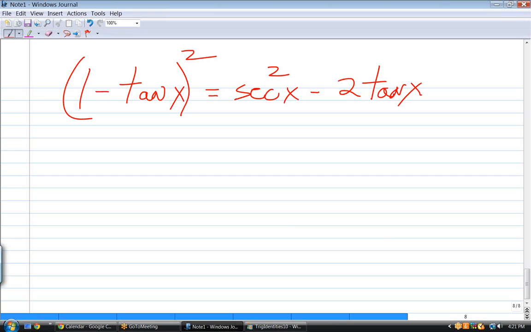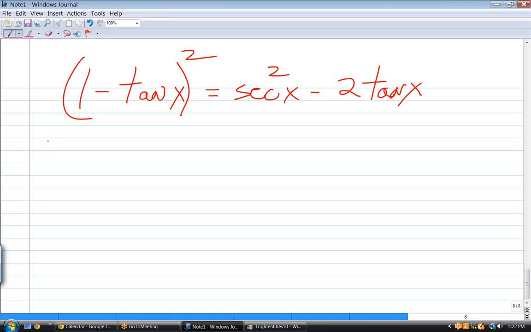Okay, what's my first step here? Can't you just, so if you square everything, it's 1. Well, you don't have to square everything, but squaring that is FOIL. Yeah, you FOIL. Exactly. It's 1 minus tan x times 1 minus tan x. What does that equal?